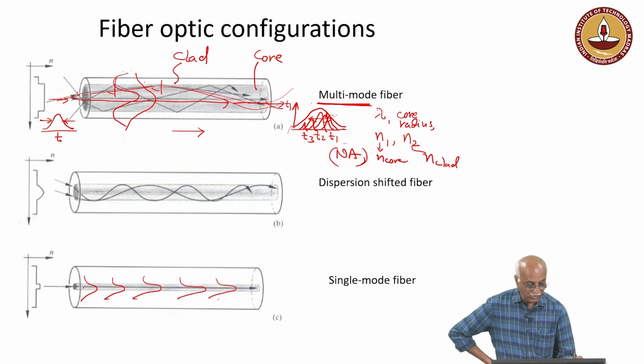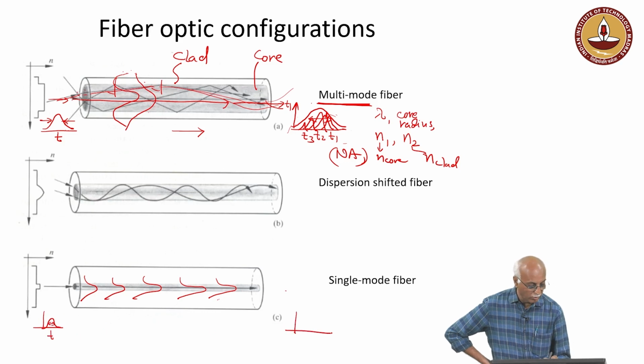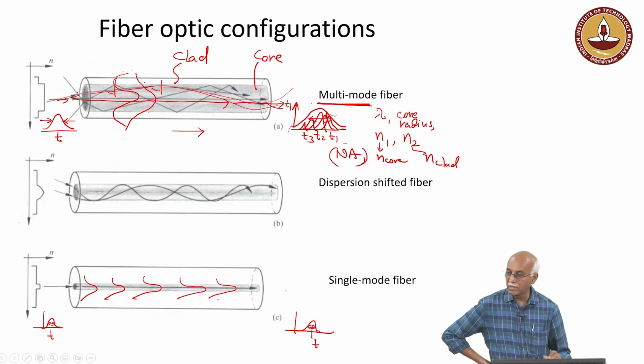So, most of this intensity will be focused on a single mode of propagation of the light. That means, theoretically, if there is an input pulse with time t, the output will also have almost similar time t.